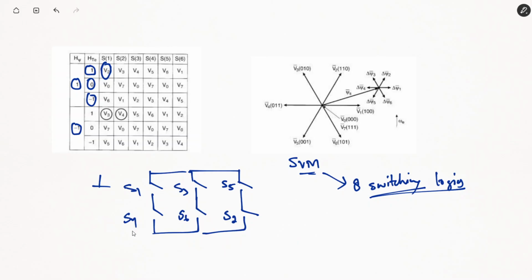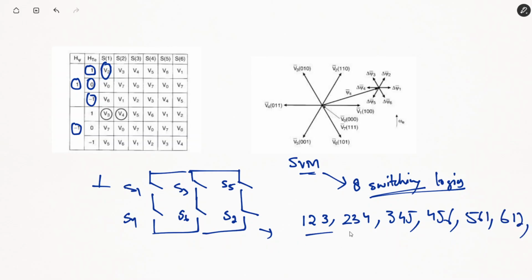So we know the switching logic of this inverter: 1, 2, 3 will be on, 2, 3, 4 will be on, 3, 4, 5 will be on, 4, 5, 6 will be on, 5, 6, 1, 6, 1, 2. So the possible switching states using a normal pulse width modulation system are that either switch 1, 2, 3 will be on, or 2, 3, 4, or 3, 4, 5, or 4, 5, 6, or 5, 6, 1, or 6, 1, 2 will be on. So these are the possible six switching states.